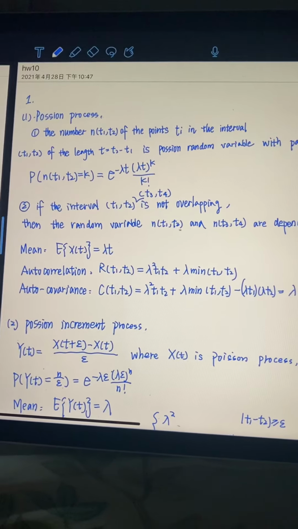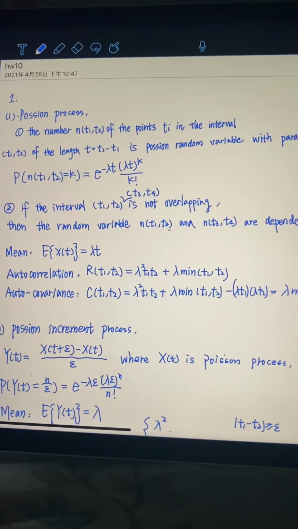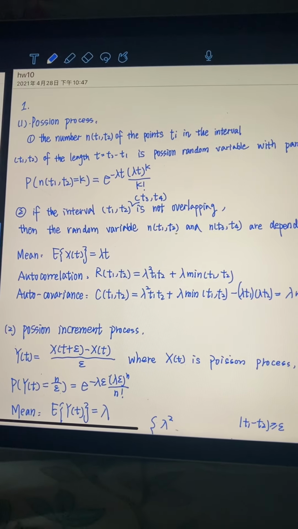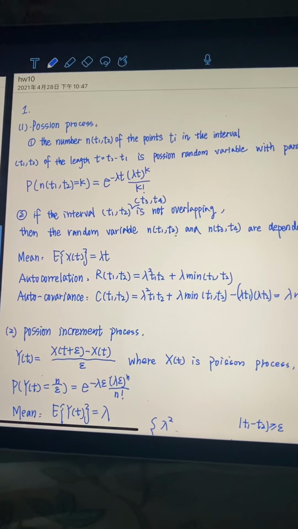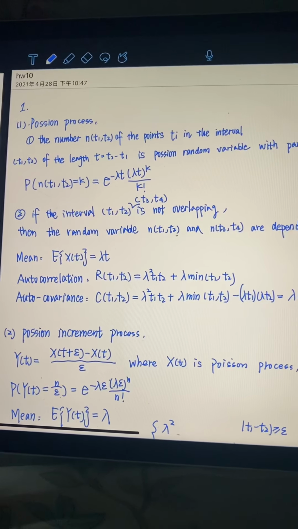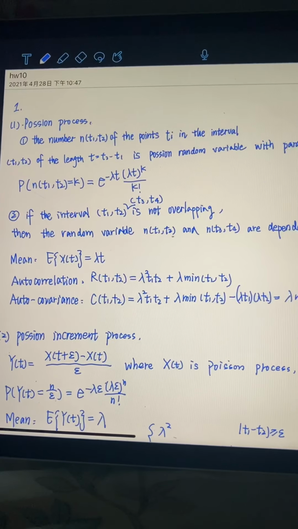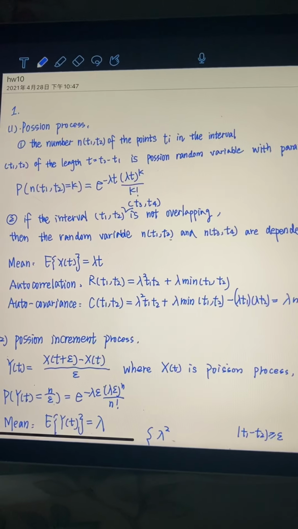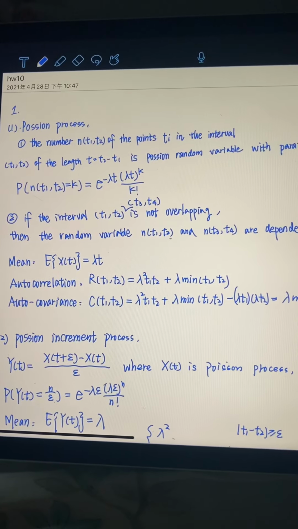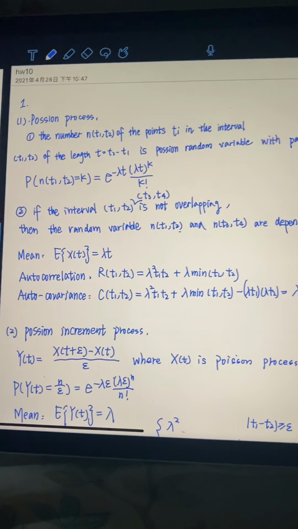So we can get that P(n(t1, t2) = k) is equal to e to the negative lambda t times (lambda t)^k divided by k factorial.